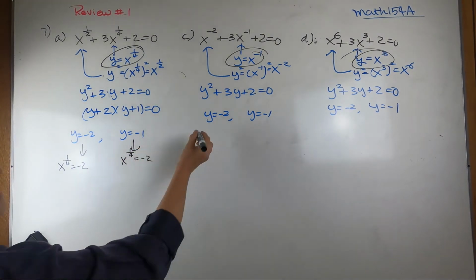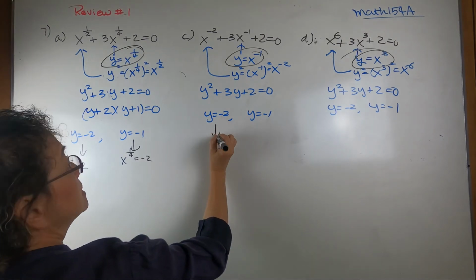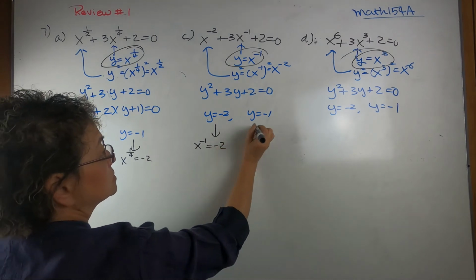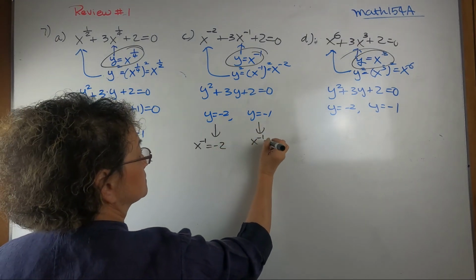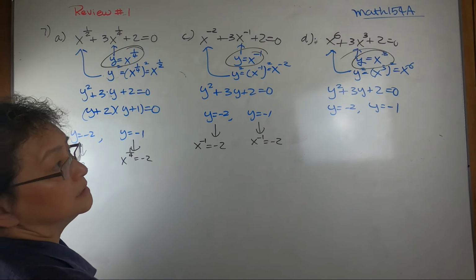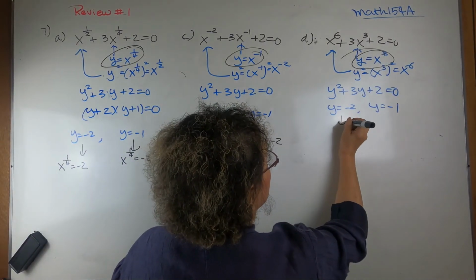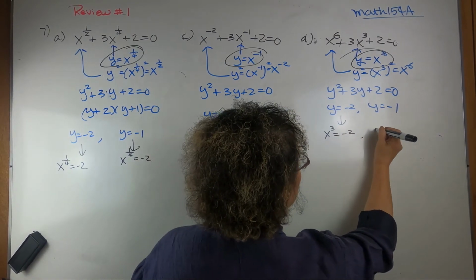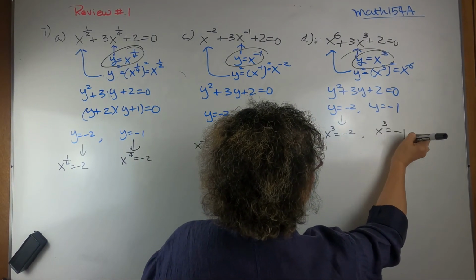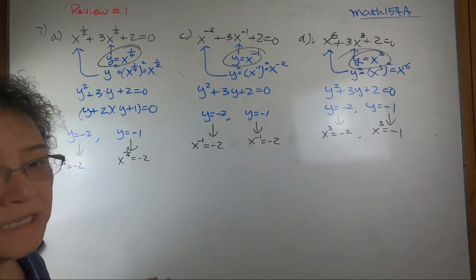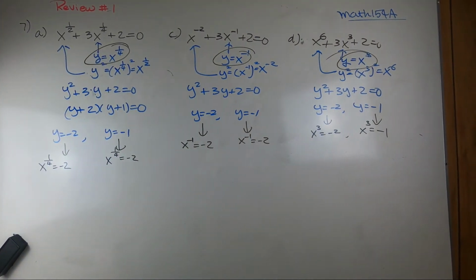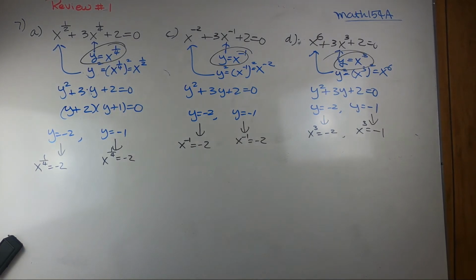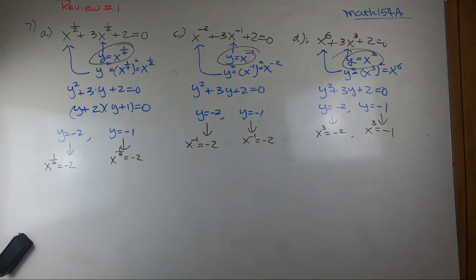Here y is -2, which means x^-1 is -2. Here x cubed is the y, -2. So the y's are the same, but the x's are different. So we need to find the x's, right?